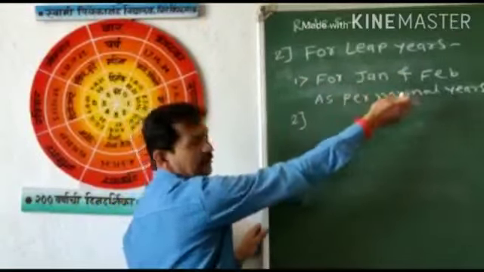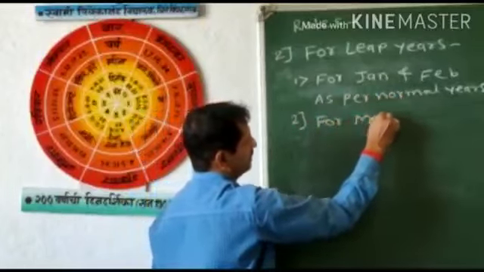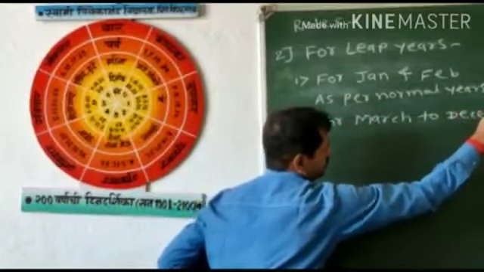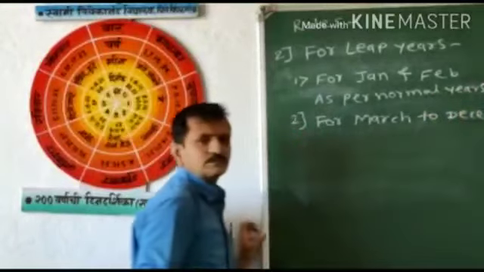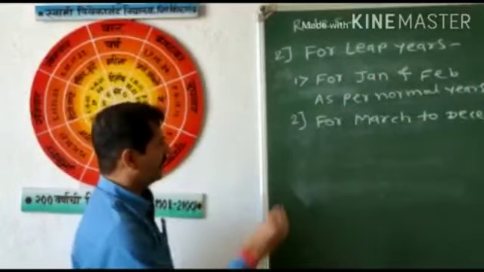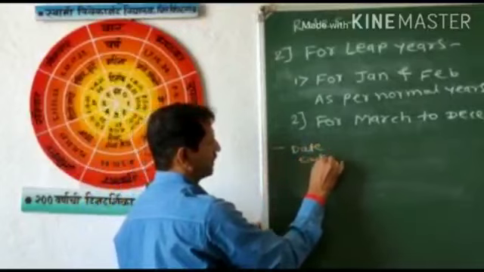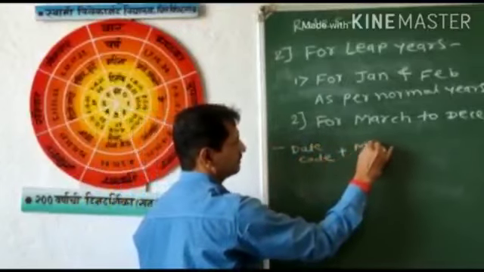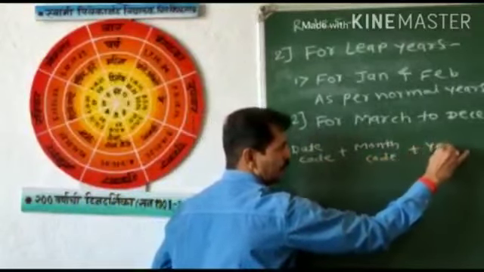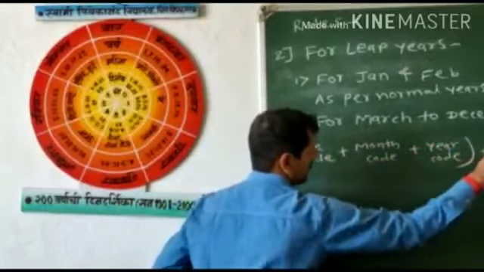Except January and February, that means for March to December. For March to December in a leap year, there is another rule, that is date code plus month code plus year code plus 1.